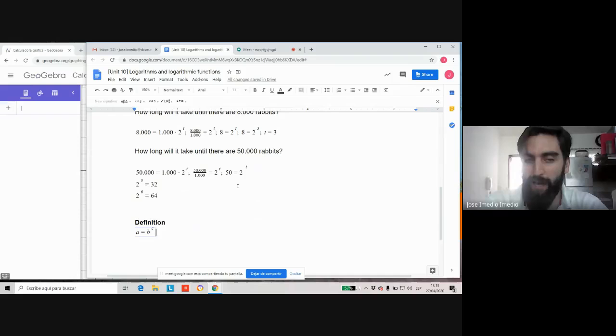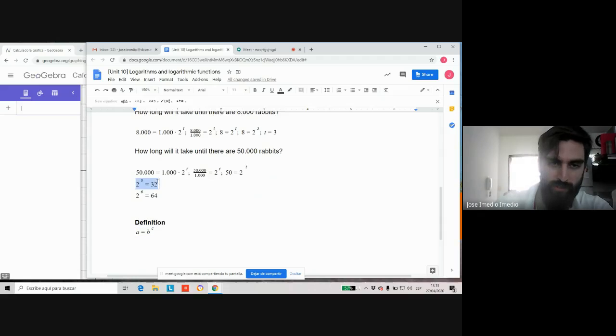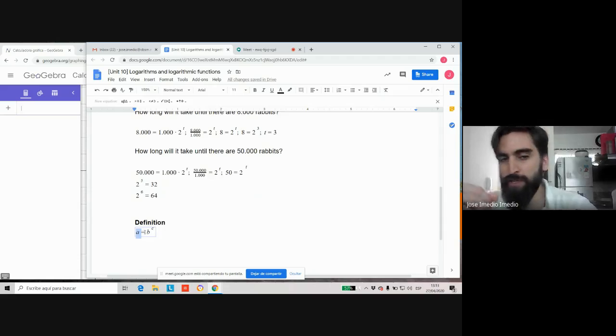If we have an equality like that, a equals b raised to the power of c, imagine those are numbers like these ones, just a number a equals another number b raised to the power of c.